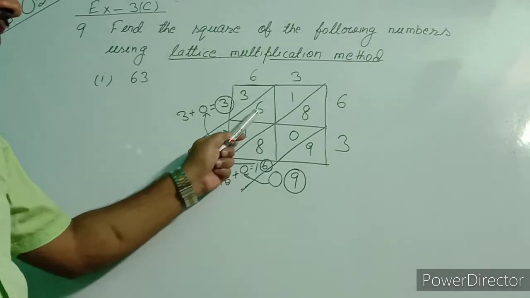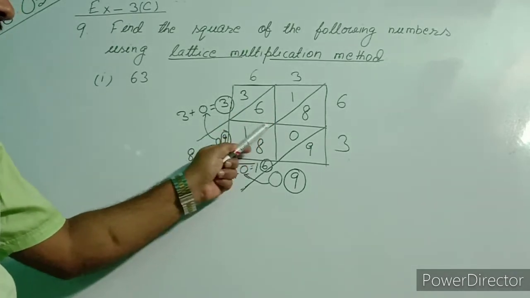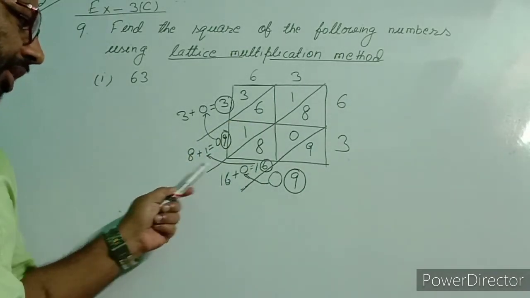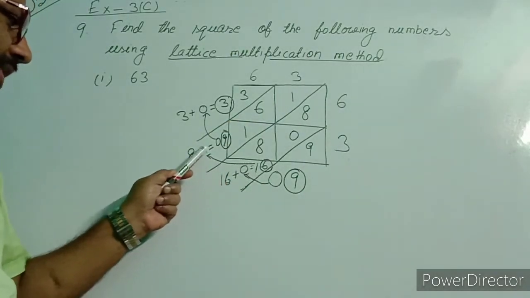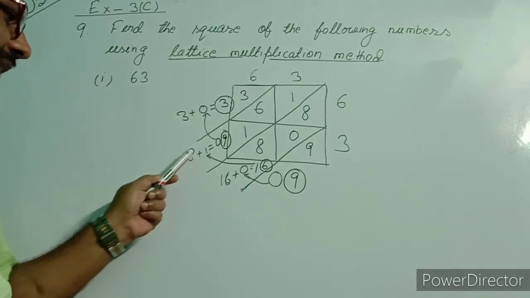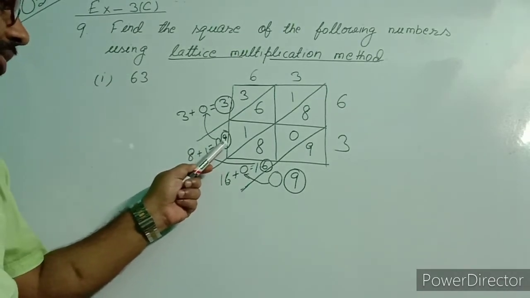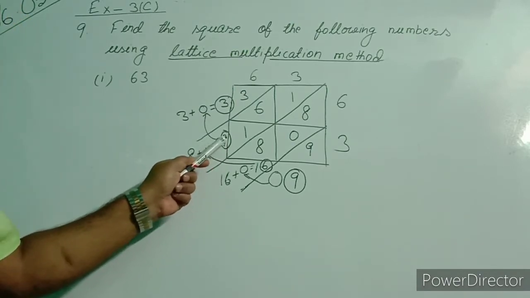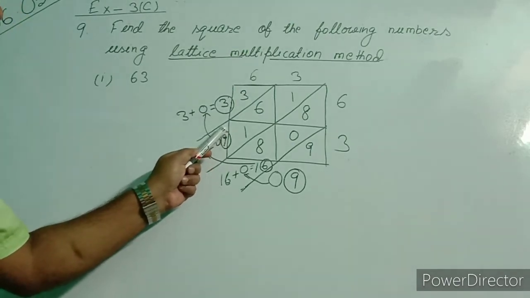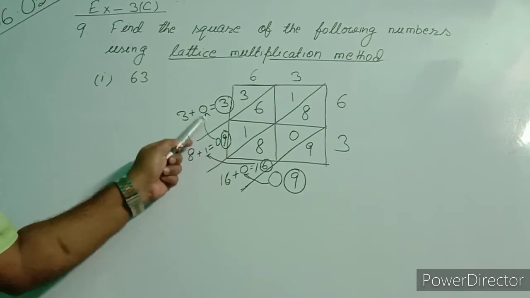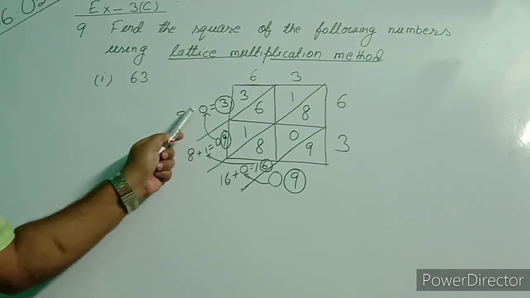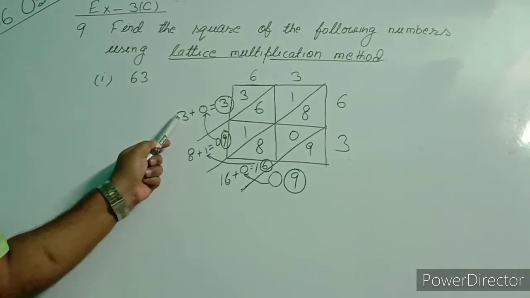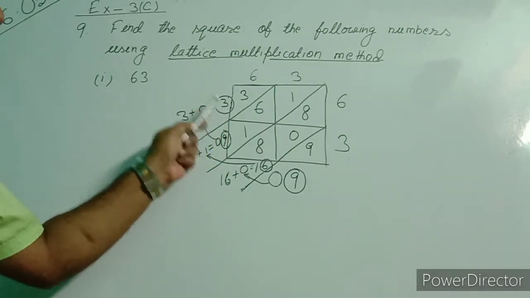Now I added these numbers, those which lie between these two lines. 1 plus 6 plus 1 equal to 8, and 1 is transferred from here, so these two will be added. 8 plus 1 equal to 9, but I suggest you write in 2 digits. 0 9. Circle the unit place and transfer 0 here. Now this is alone, so I brought it here. 3 plus 0 equal to 3.